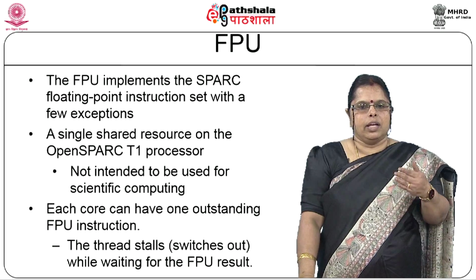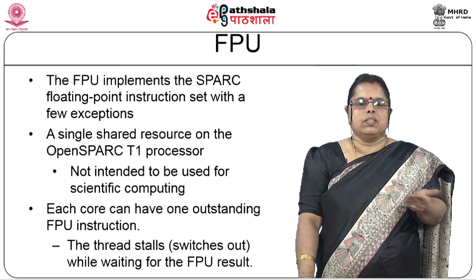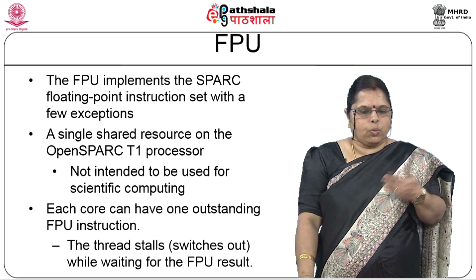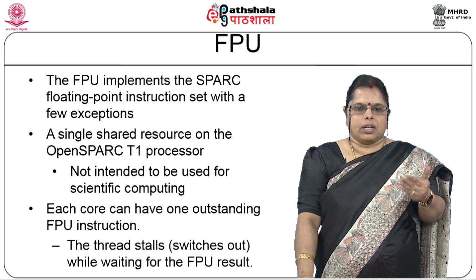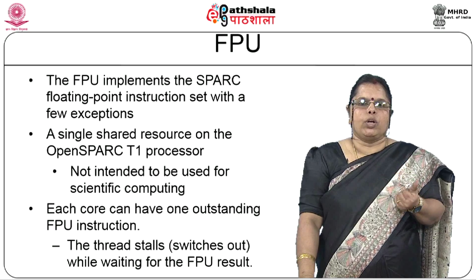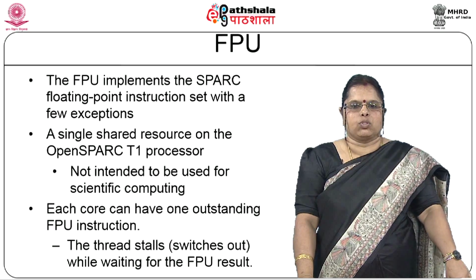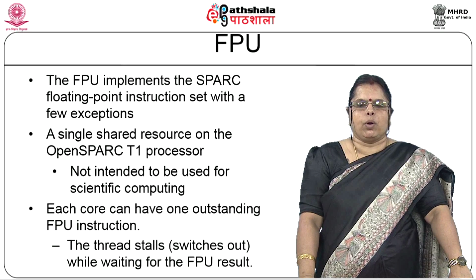It was basically intended to be used as a server to handle commercial services, commercial servers. So, where you do not come across too many floating point operations, it is more about the transactions that are happening. So, we had only one floating point unit which was shared among the various cores, and each core can have one outstanding floating point instruction.